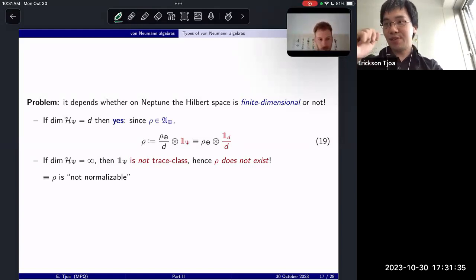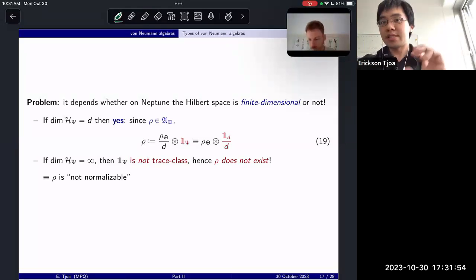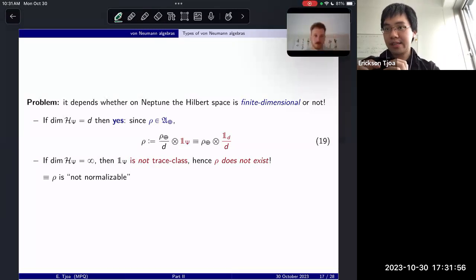But the problem is if you have an infinite dimensional Hilbert space there, then identity is not trace class, so you can't do this trick anymore. Which means that unless you somehow are able to go to Neptune and do whatever nonsense, you really don't have access to even a good notion of density matrices over there unless you really know something about what the quantum system is far away.